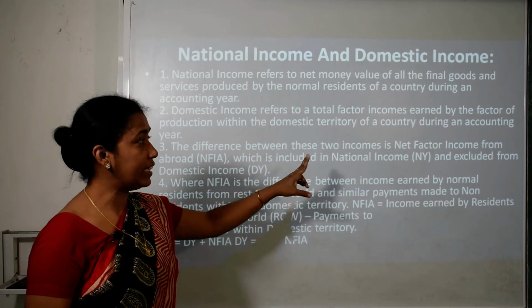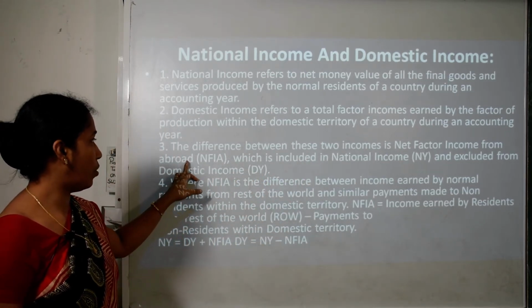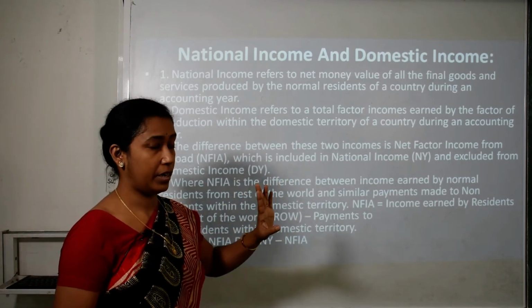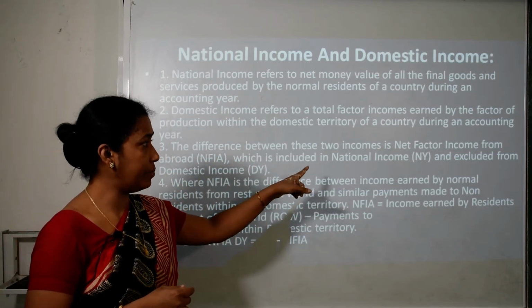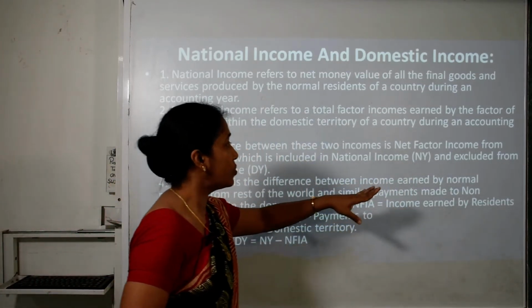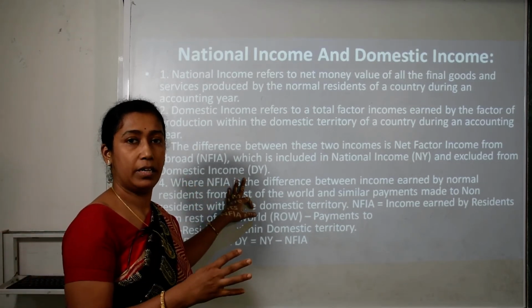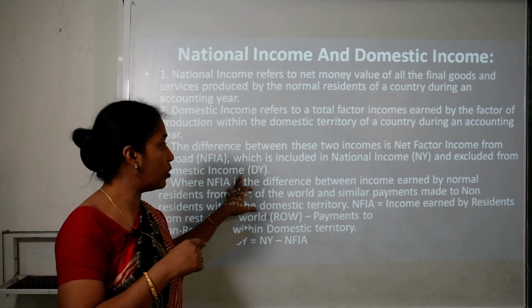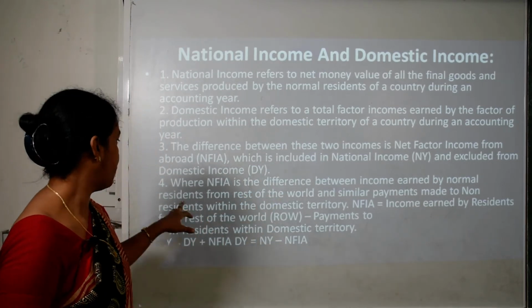The difference between these two incomes is net factor income from abroad, which is included in national income. Here Y stands for income, okay. It is excluded from domestic income. That means whatever earning we get from abroad will be included in national income, whereas it will be excluded from domestic income.